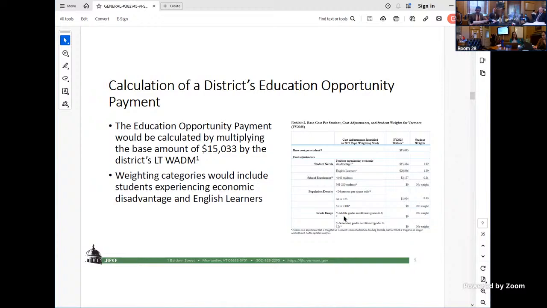Senator Shi. Thank you. So I'm looking at the base cost per student and I don't have my chart in front of me. I think the AOE gave us a while back, but do you happen to know how this compares to other states? Because if I'm remembering correctly, I think 15,000 as the base would be either the first or the second highest amount for a base compared to all the other states. I would need to follow up. I certainly can. I will also caution the direct state to state comparison.